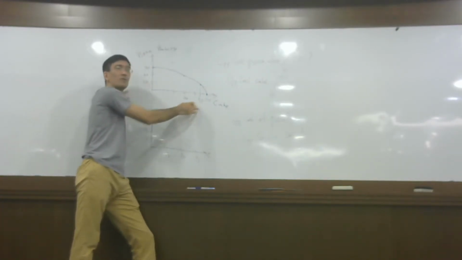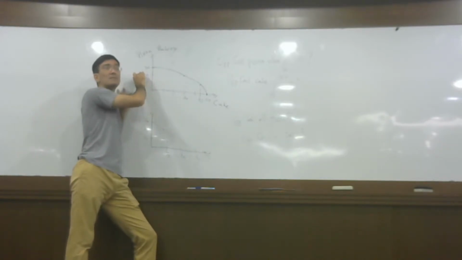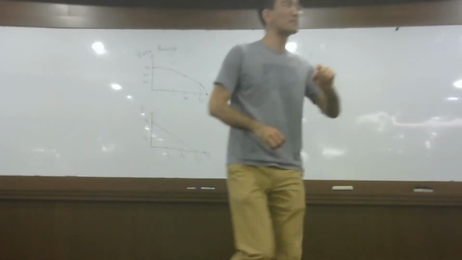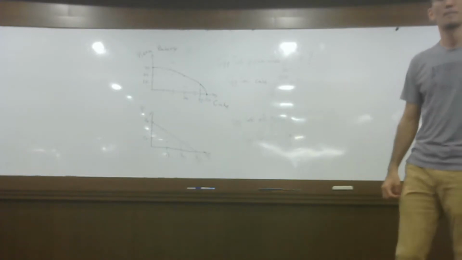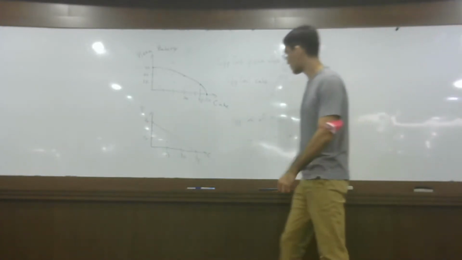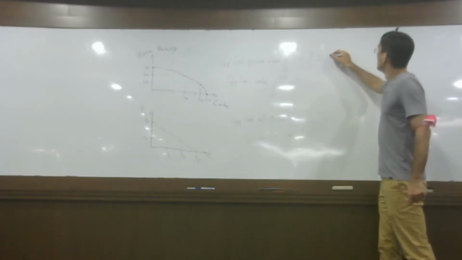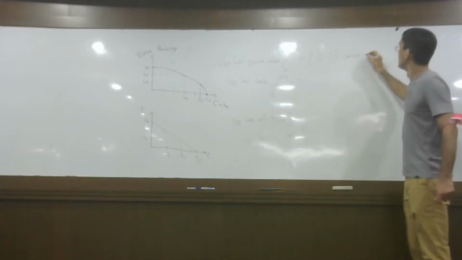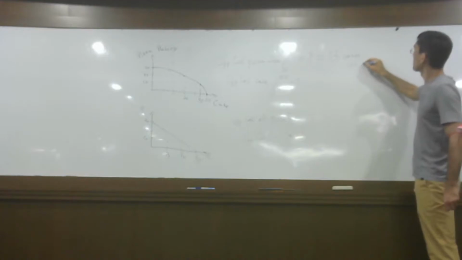So I came down from 45 to 30, I lost 15 cakes, but I gained 10 pizzas. So the opportunity cost of 10 pizzas is 15 cakes, but per pizza is going to be 1.5 cakes. So, to answer this, 1.5 cakes per pizza.